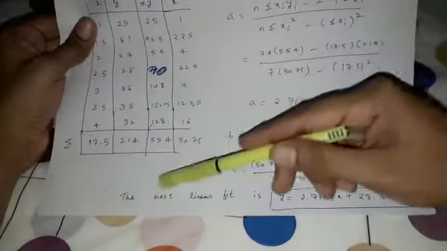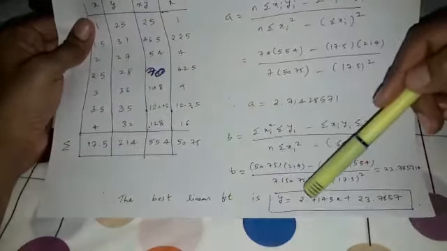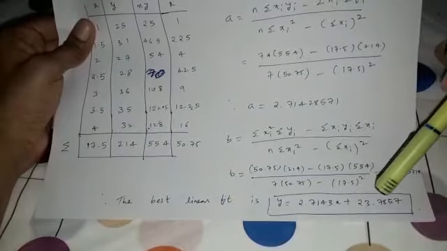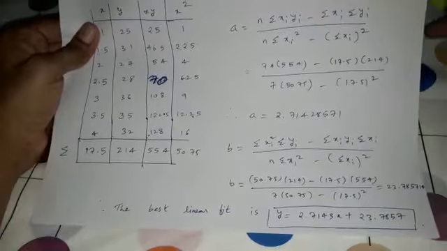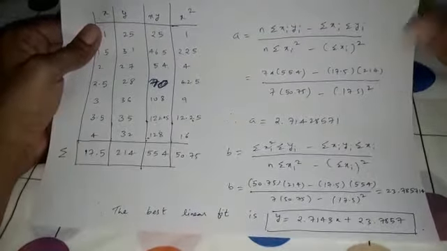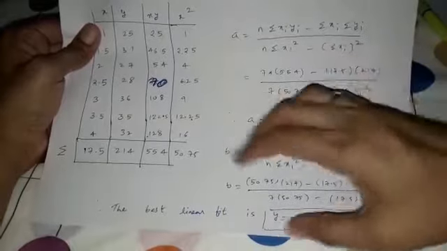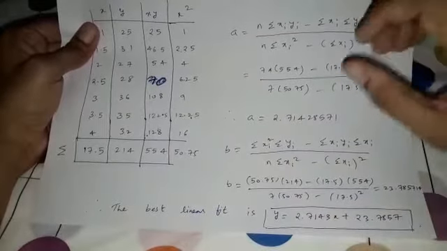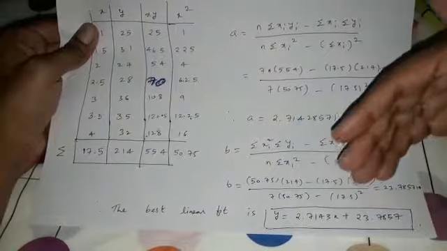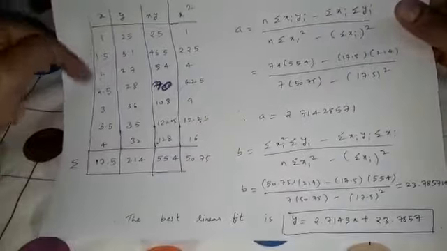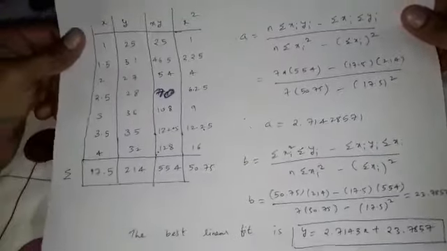So the best linear fit is y is equal to 2.7143x plus 23.7857. In this way, using the formula of a and the formula of b, you can fit a linear curve or a straight line of the form y is equal to ax plus b to any experimental data.